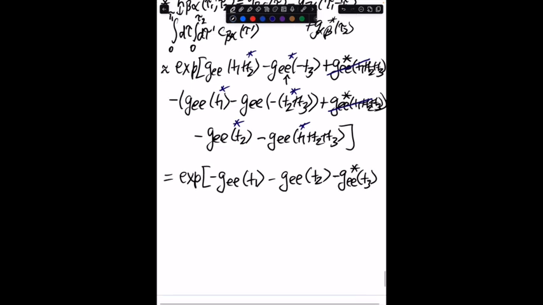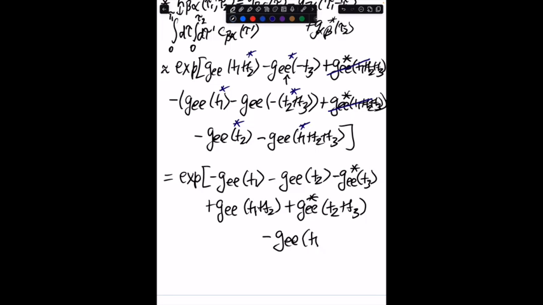Then you have plus gee t1 plus t2, and then you have another plus gee star t2 plus t3, and then you have minus gee t1 plus t2 plus t3. So this corresponds to F1 approximately using the second cumulant approximation. So this concludes your derivation for F1.